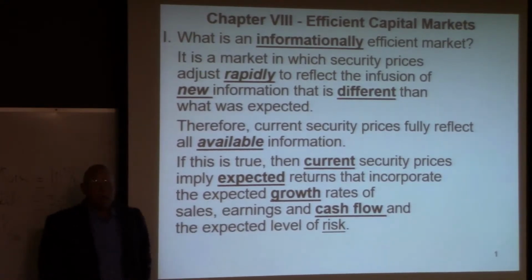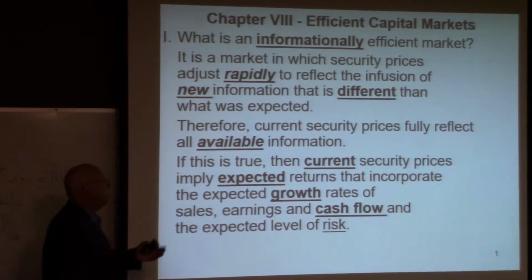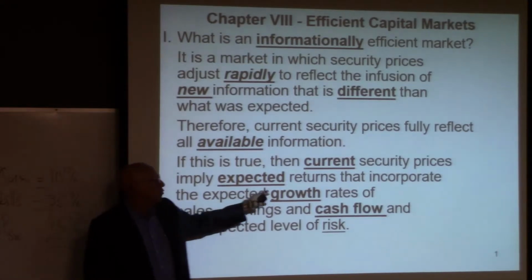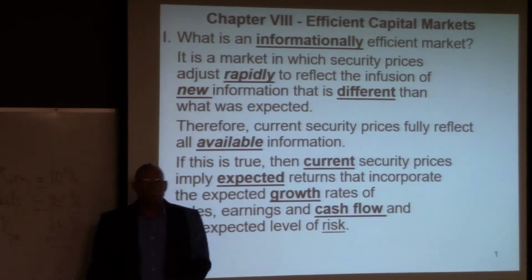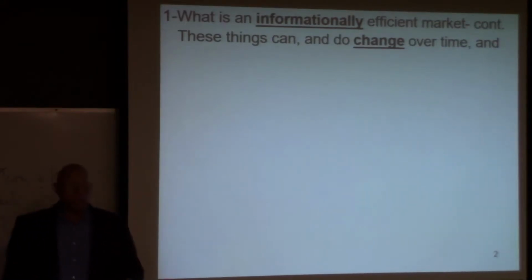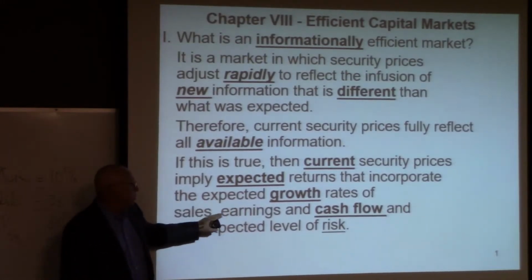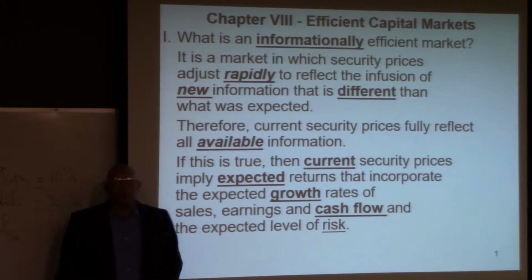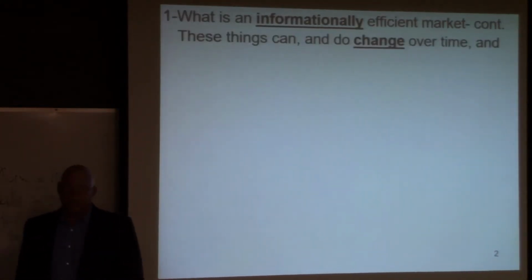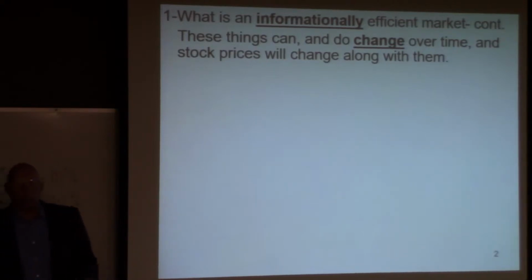And so when we look at valuations for securities, they are telling us what investors expect for growth and for risk. All right. The growth rate of sales, earnings, and cash flow, and risk, these items change over time. So as expectations change, stock prices change along with them.